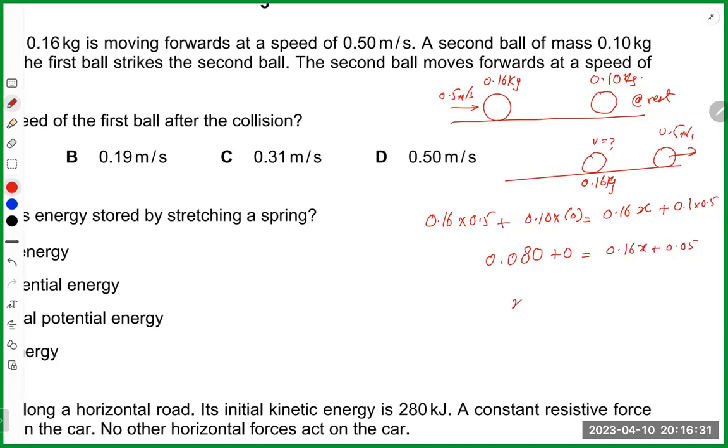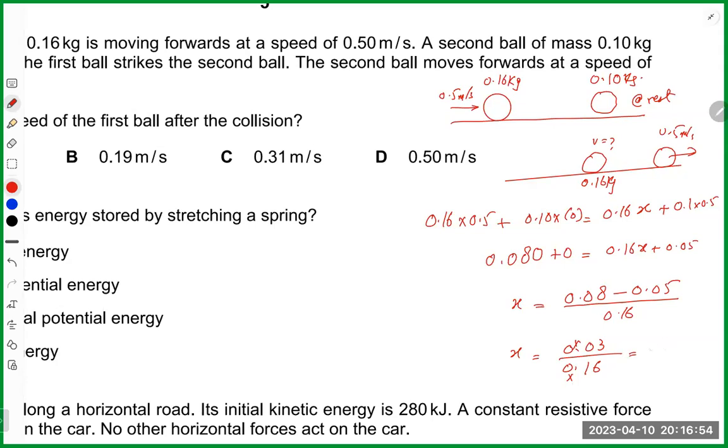This will be x equals 0.08 minus 0.05 divided by 0.16, that is 3 over 0.16. If you have the same number of digits after the decimal, you can cancel the decimals with one another.